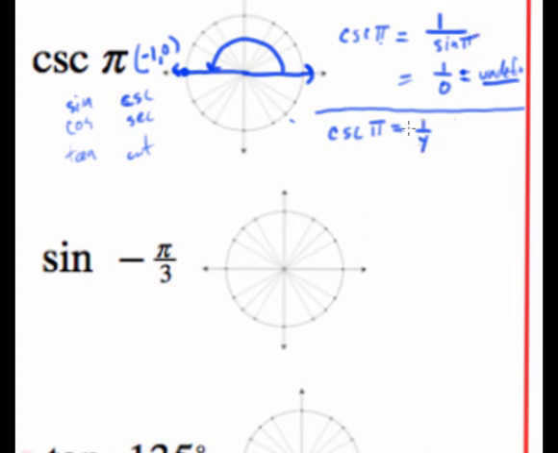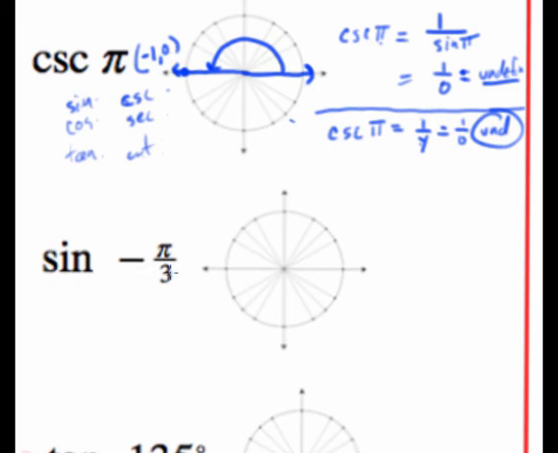The things you need to have memorized are that sine is y, cosecant is 1 over y, cosine is x, secant is 1 over x, tangent is y over x, and cotangent is x over y. That chart we looked at earlier in this lesson, or the first video probably, you need to have memorized. And just using the y value, you should also see it's 1 over 0, which is undefined.